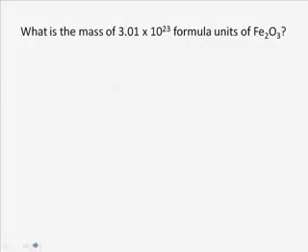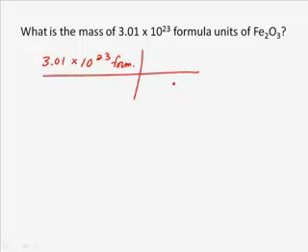Now, for the iron(III) oxide, we have 3.01 times 10 to the 23rd formula units. I want to go from formula units to moles, and then moles to grams.